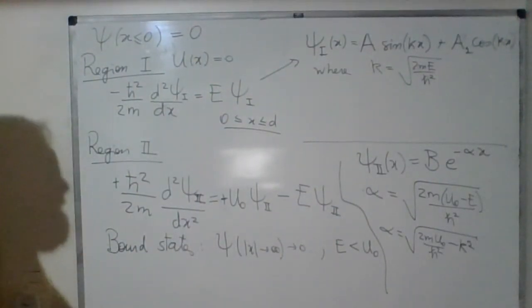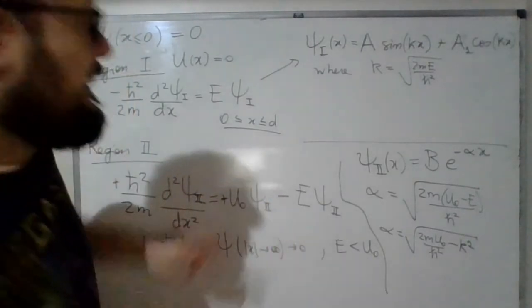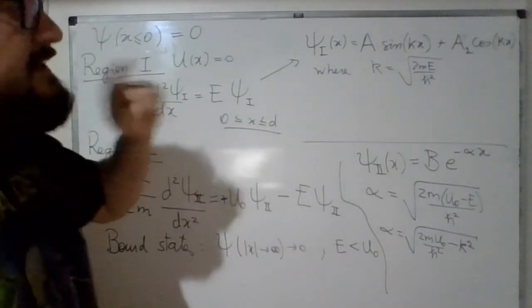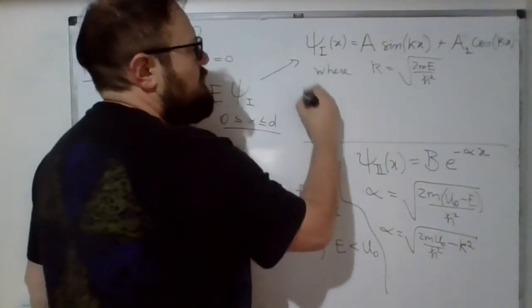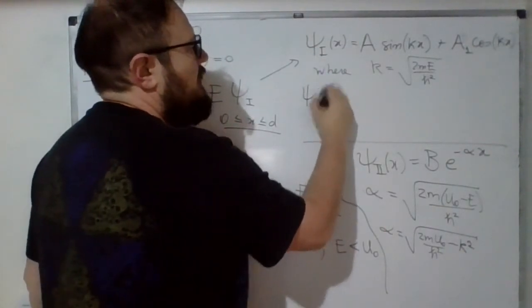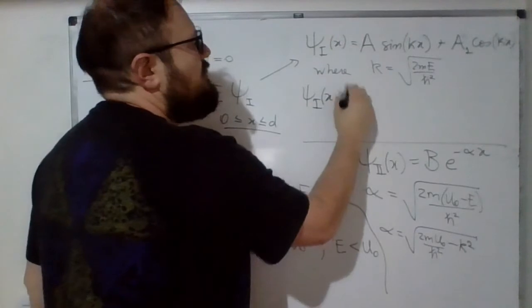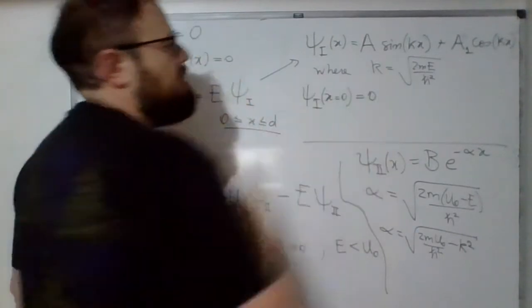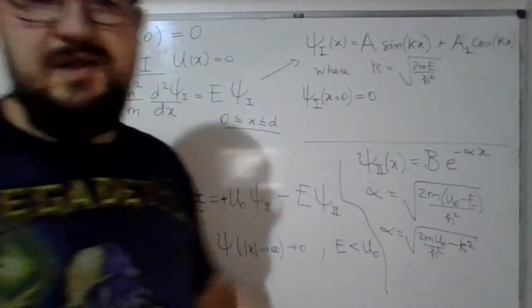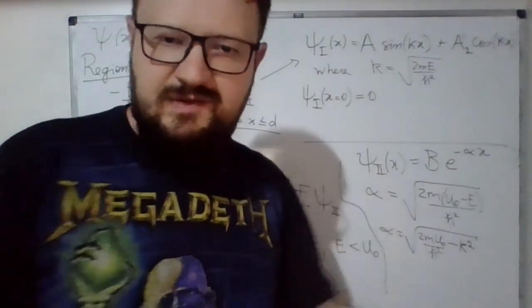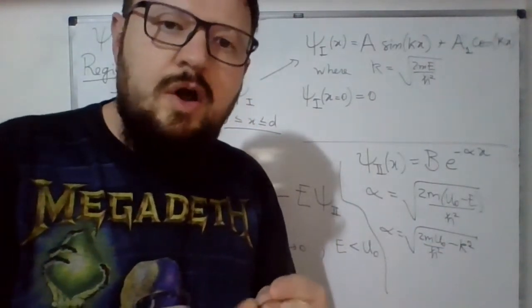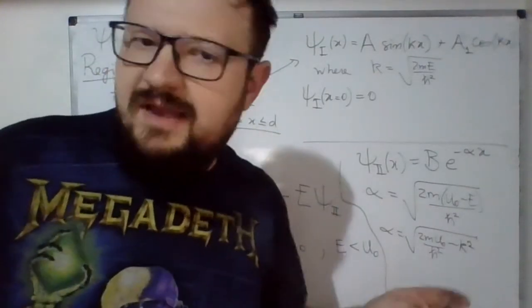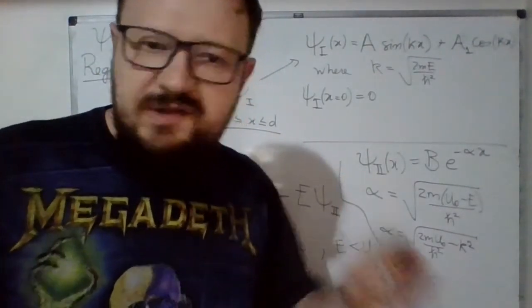Well, remember that the wave function in region 1, psi1 of x equal to 0, must be 0. It must vanish there, because the wave function for negative values of x must be 0.